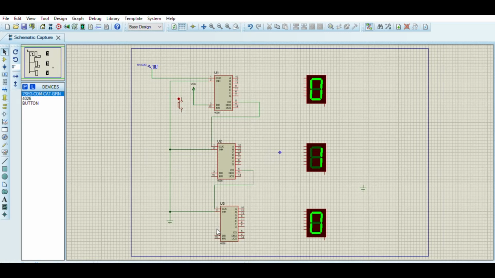All pins number 3 will be connected with the VCC. And finally we see the reset pin, which will be connected with the reset button, and the same goes for the other ICs.